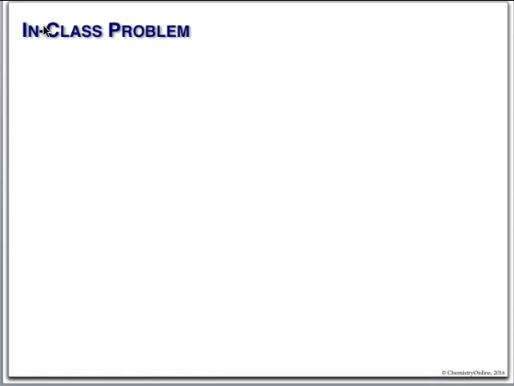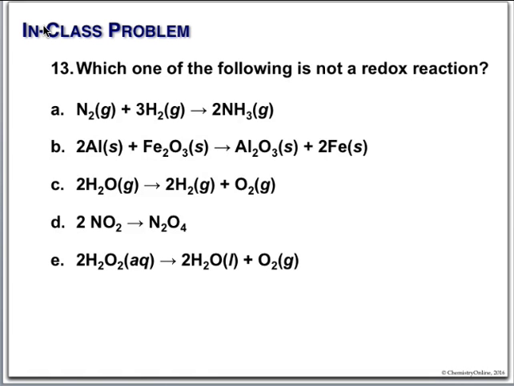All right. Now remember the hint that I just told you about identifying redox reactions. Apply that hint to this problem. What I said was, if you have an element on either side of the equation, it had to either be oxidized or reduced.